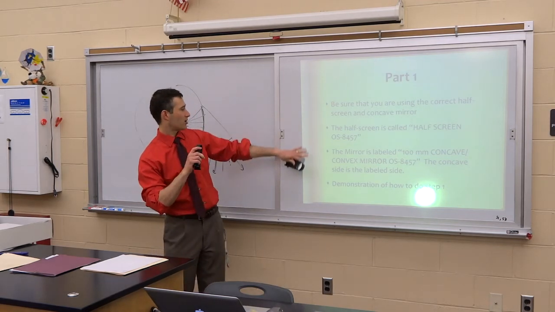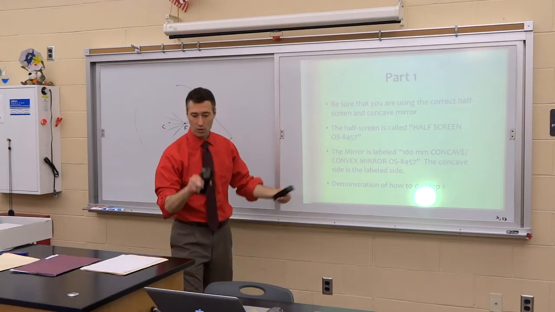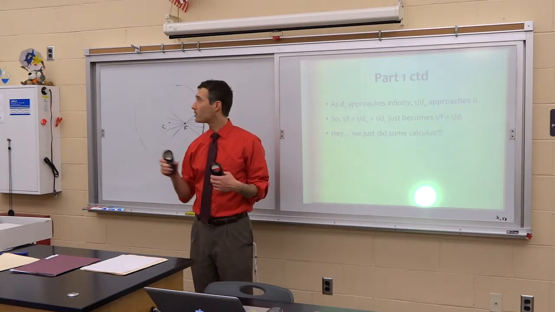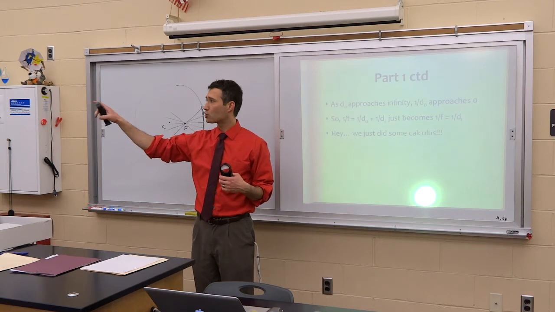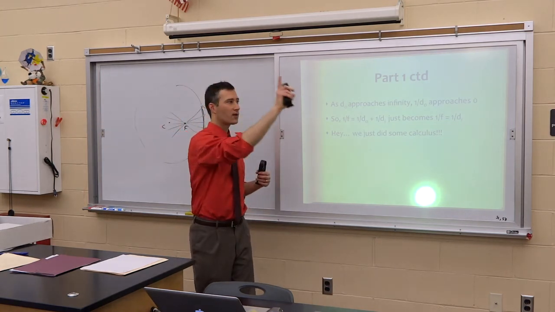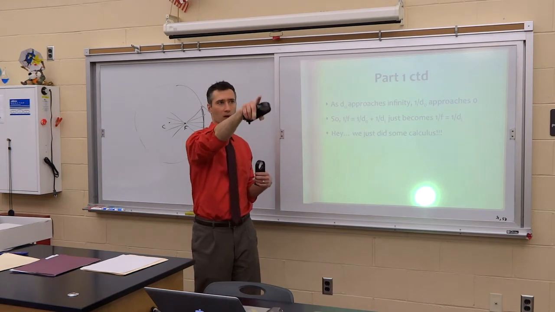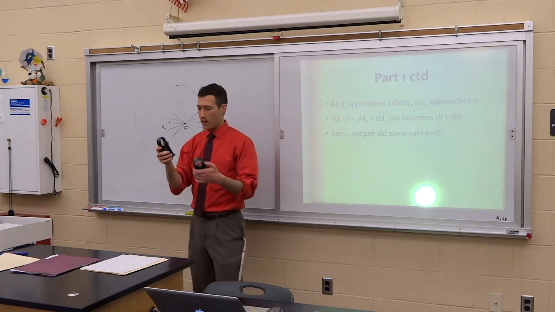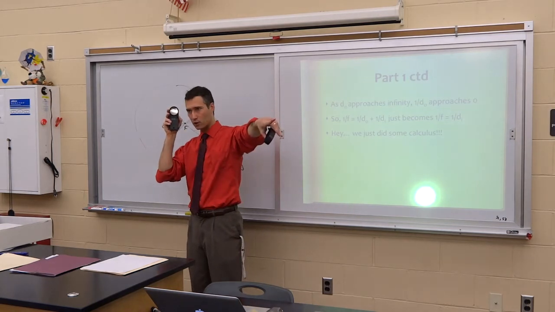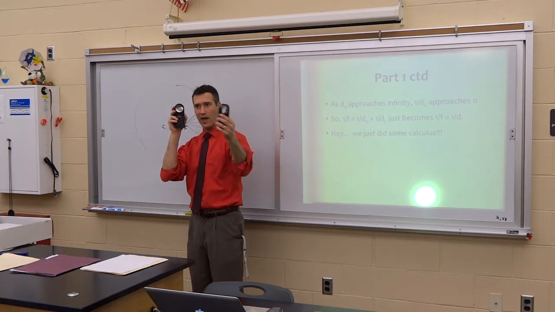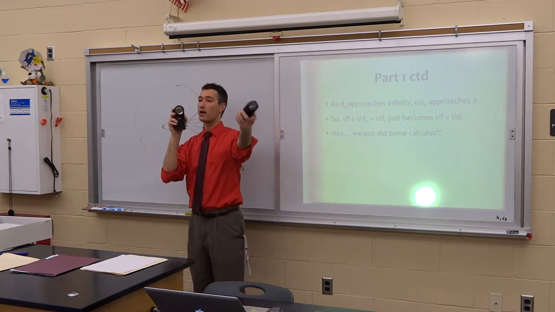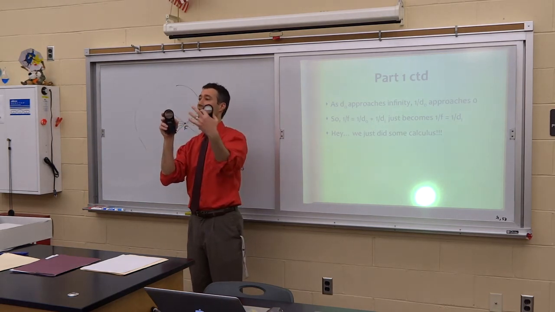So for your distant image, I'd probably keep the blinds closed, but go to this side of the room and look for the doorway or one of the windows going into the hall, and then you need to point the concave mirror at that thing that you're trying to get a focused image of. The half screen needs to be on the same side of the mirror as that image, because light's not going to go through the mirror, it's going to reflect off of it.